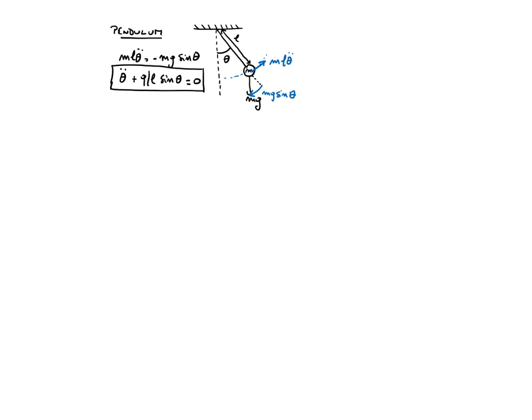So let us consider the example of a pendulum, an example that you've probably seen in other courses. The pendulum has a length L, and the associated mass is m.